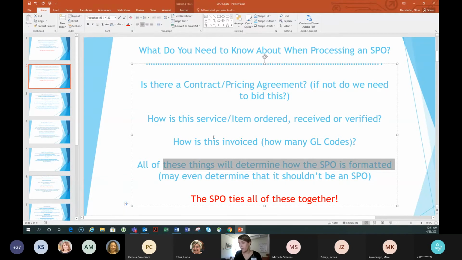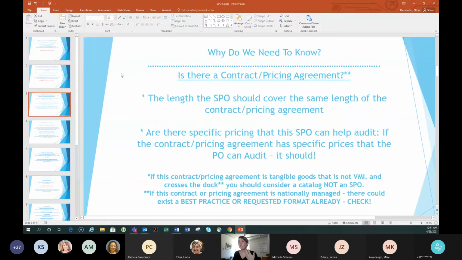Okay, so we go into why do we need to know these things. It's really important to understand, is there a contract or pricing agreement? If there is, the SPO needs to reflect the length of the agreement as well as the details of the agreement.